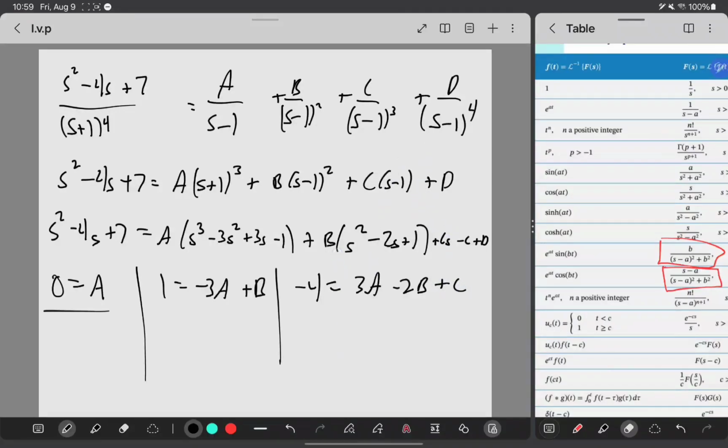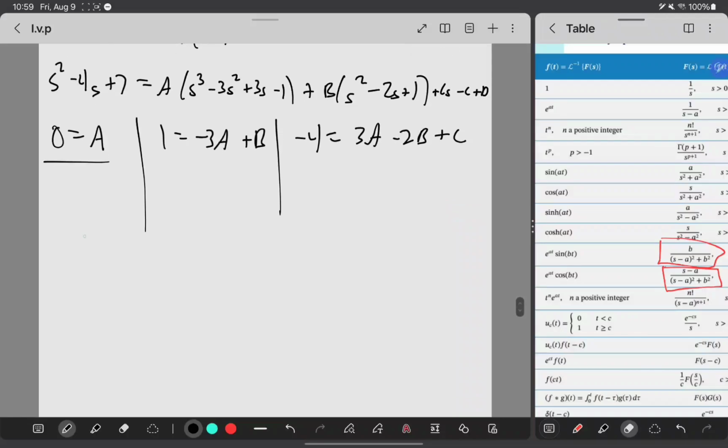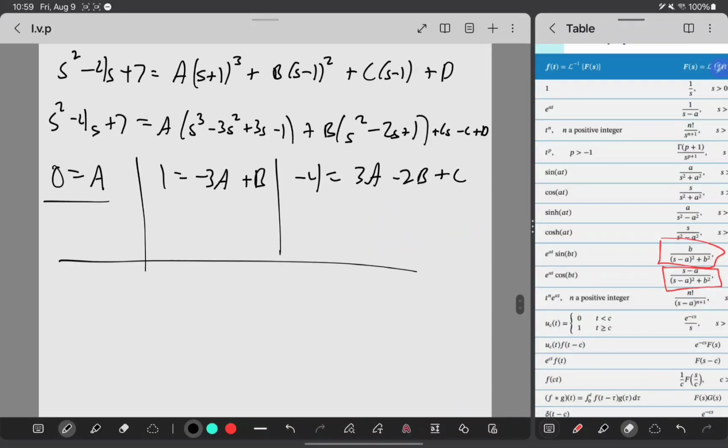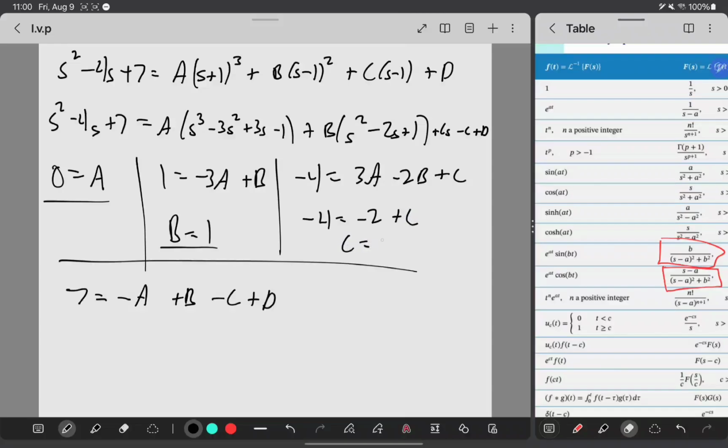And then we have one more. 7 is equal to negative a plus b minus c plus d. A is 0. B is 1. C is negative 2.